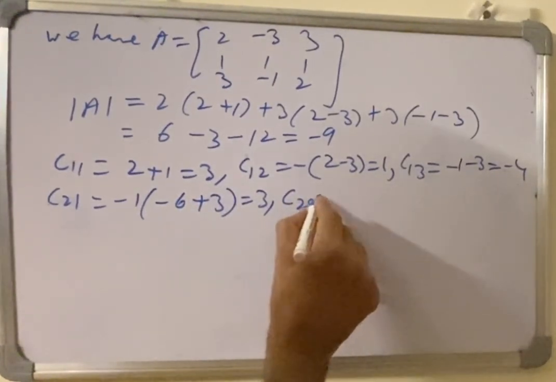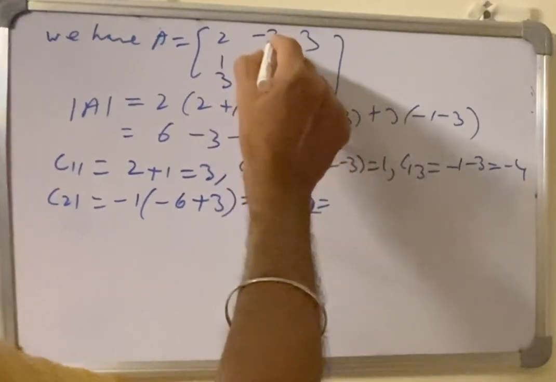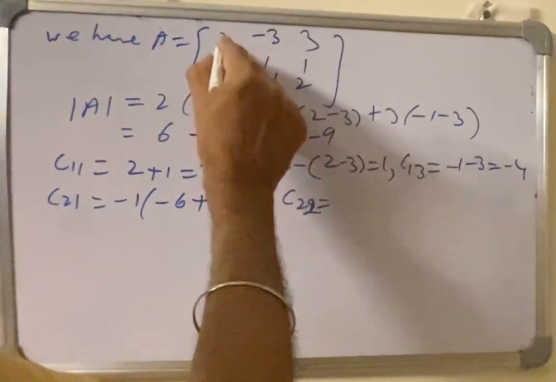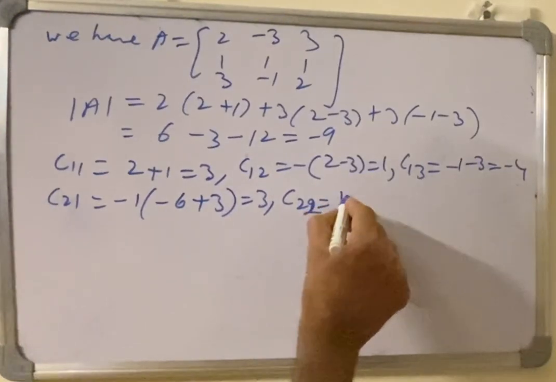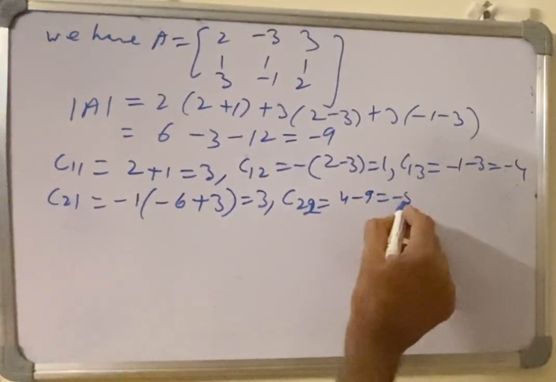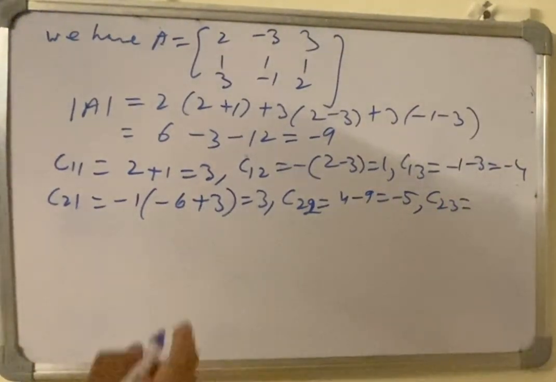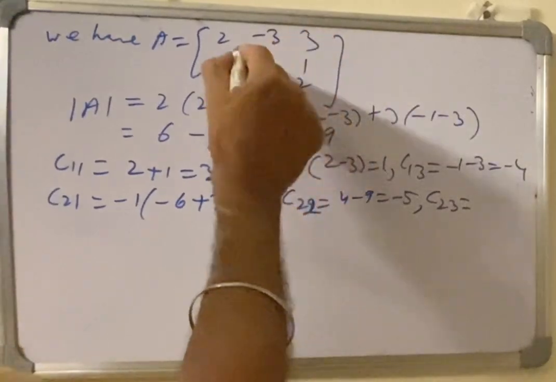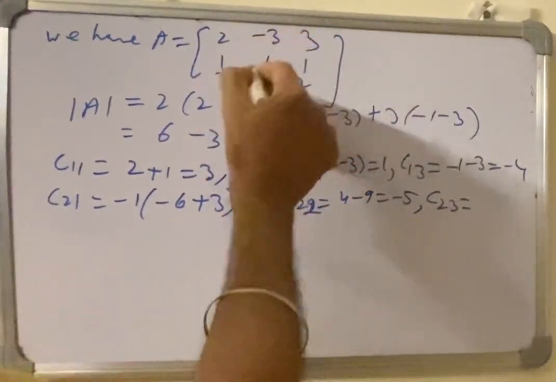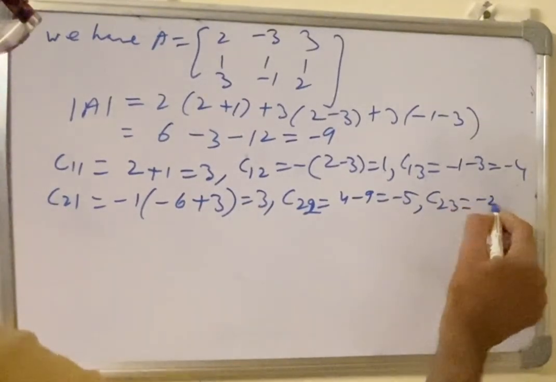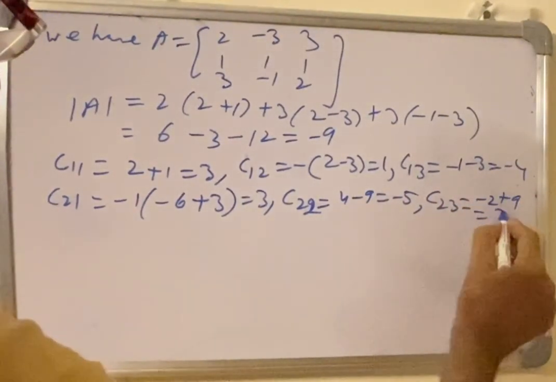C22, the second element of the second row, is 4 minus 9, it's minus 5. C23, the third element of the second row, is minus (minus 2 plus 9), it is minus 7.